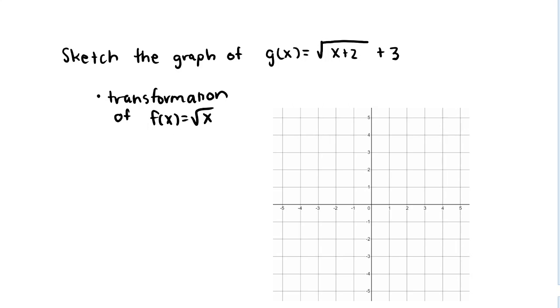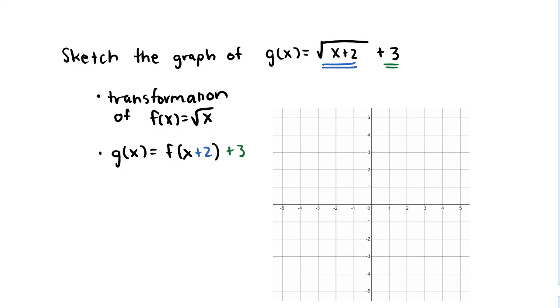There's two things going on here. This g of x function is f of x plus 2. If I plug in x plus 2 into my square root function, I get this part here. And then there's still this plus 3 on afterwards. g of x is the same as taking the square root function and inputting x plus 2 into it, and then adding 3 on afterwards.